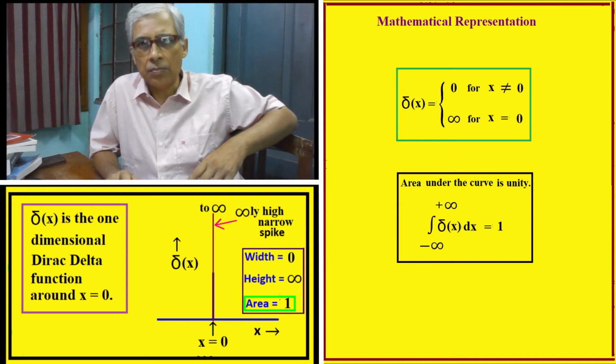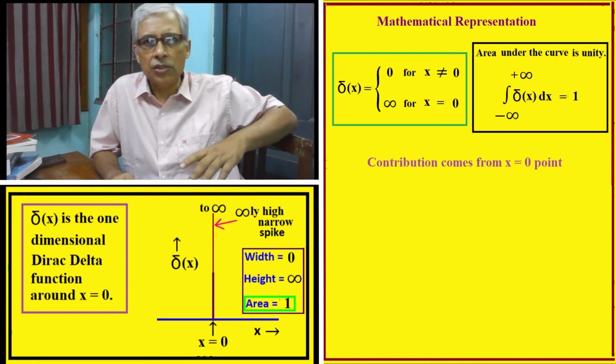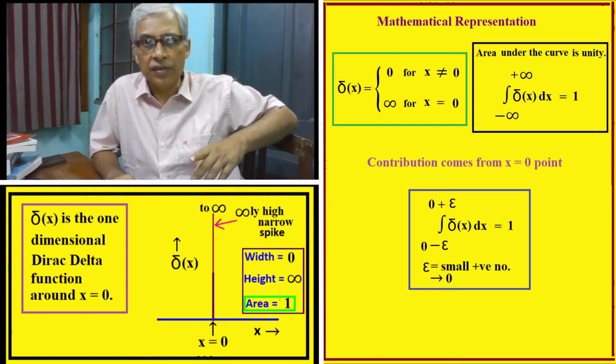This is mentioned in the box with a black outline, where we integrate over the x-axis from minus infinity to plus infinity, that is, collect all the values of delta of x and add them, which gives us the value of unity. Clear that the contribution to area, that is the value of unity, comes from the point x equal to 0, which is the point where it is non-zero, in fact infinity.